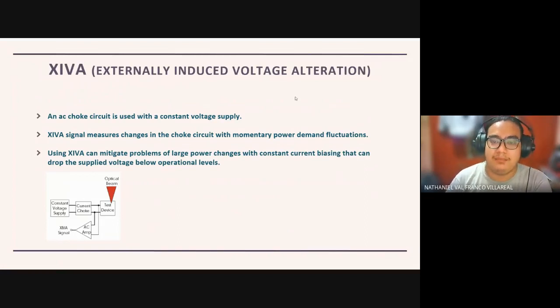Using XIVA can mitigate problems of large power changes with constant current biasing that can drop the supplied voltage below the operational values. As you can see in the diagram, the optical beam is pointed at the test device, while there's an AC amp in the current choke as stated here.